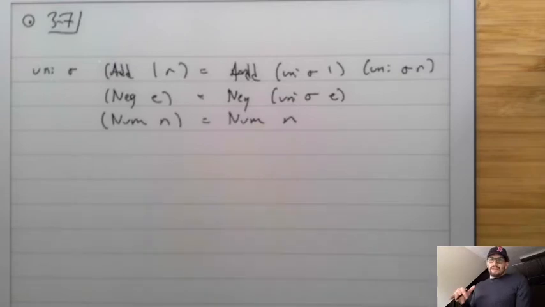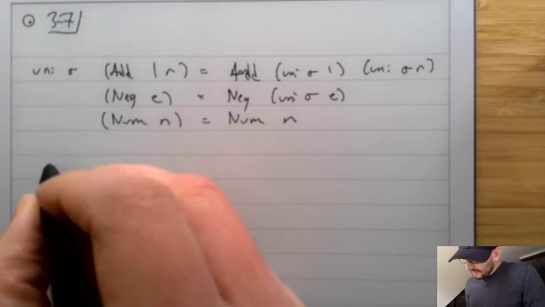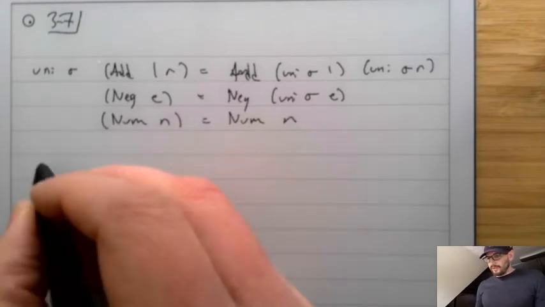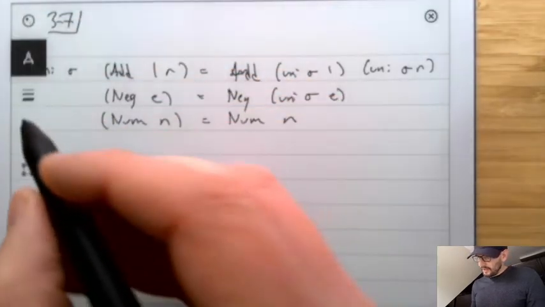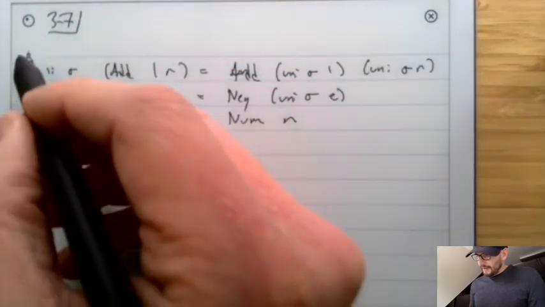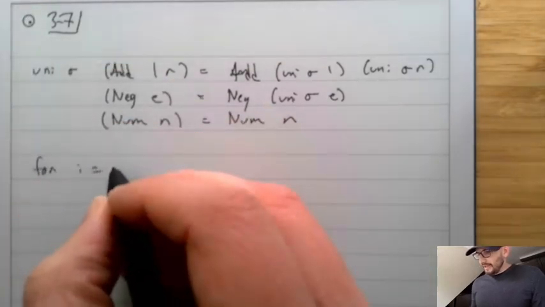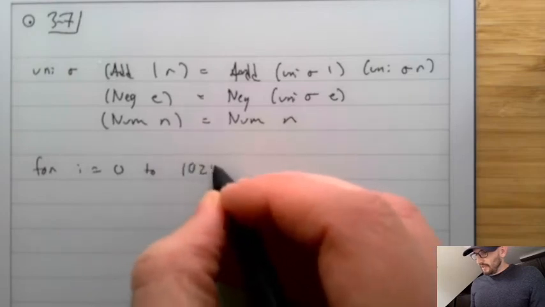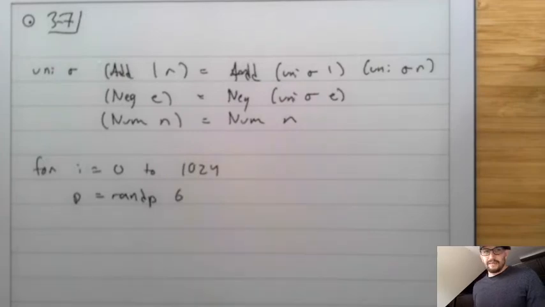Now, every time you write functions, you should always test them. We have a very easy way to test programs, because what you can do is write something like this. In your program, you have something like for i equals 0 to 1024, P equals a random program that's like 6 deep or something like that.